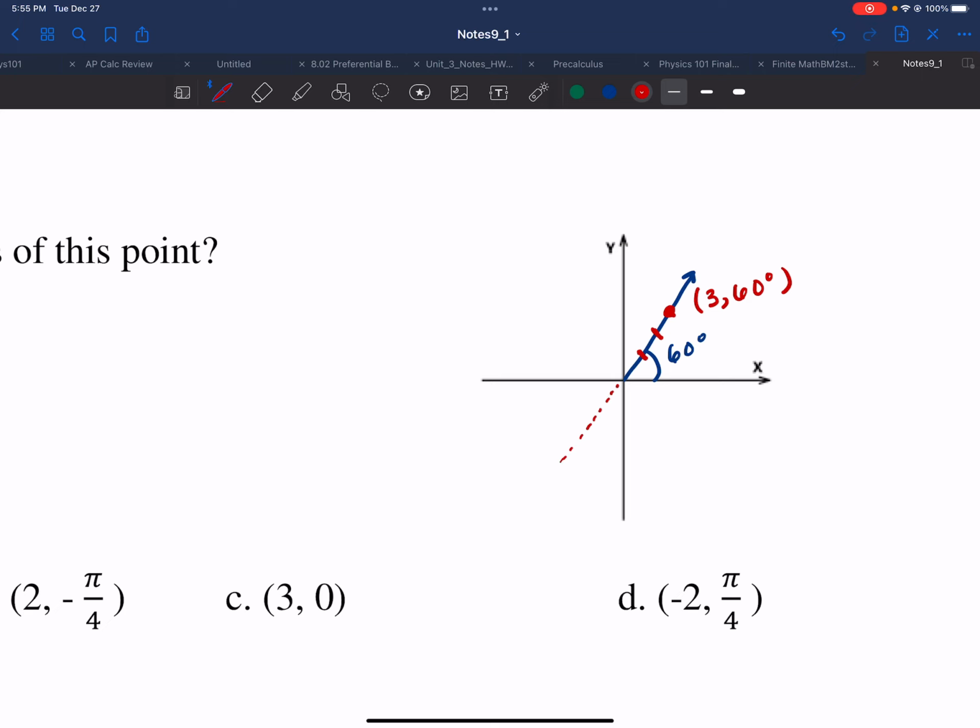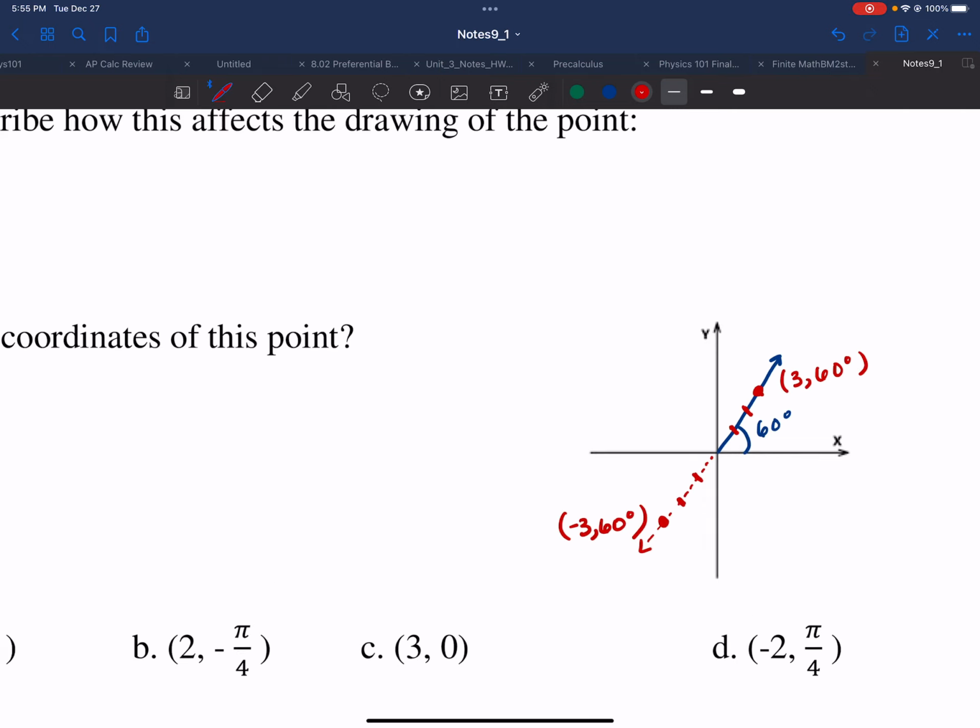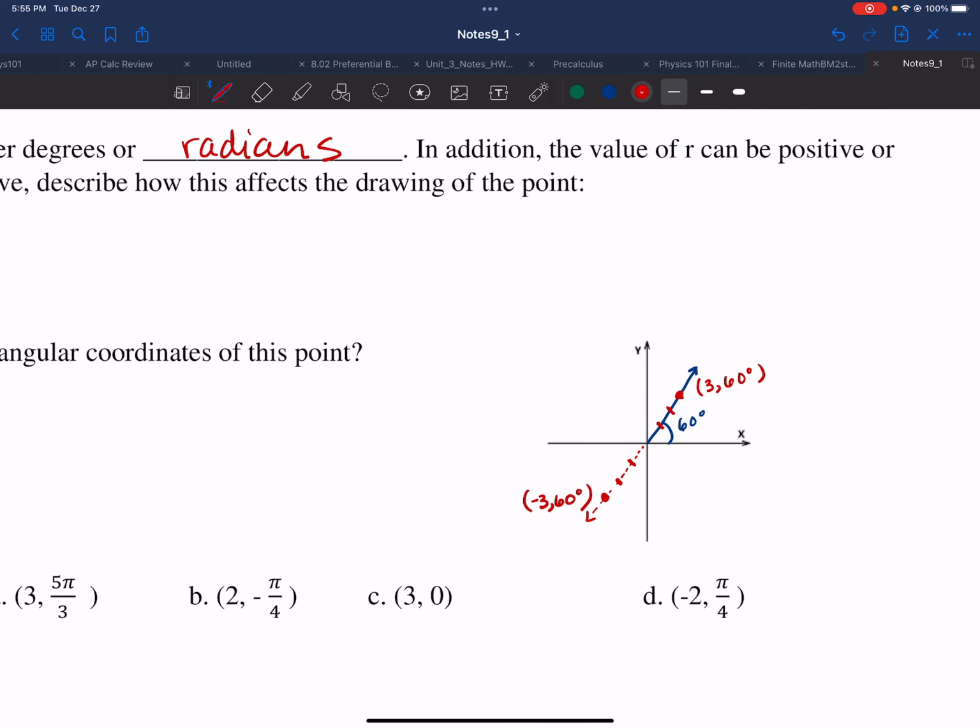So I'm going to carry this back this way, and I'm going to mark out 1, 2, 3, and that would be -3, 60.